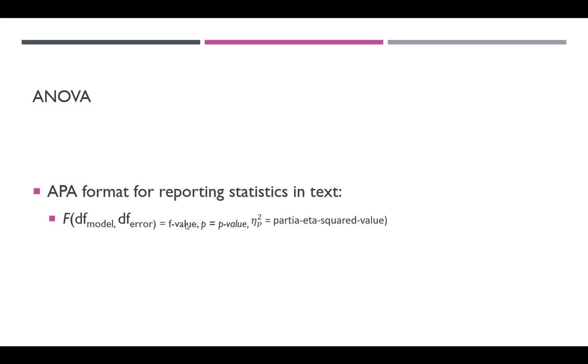You'd report the F value itself, the p value exactly, unless the p-value is reported as 0.000 in the output, in which case, rather than p equals, you would say p is less than 0.001. And then you should report some kind of effect size where possible.